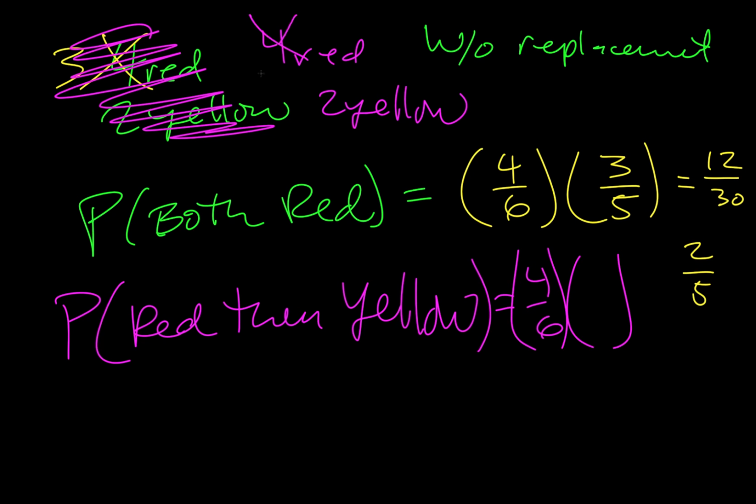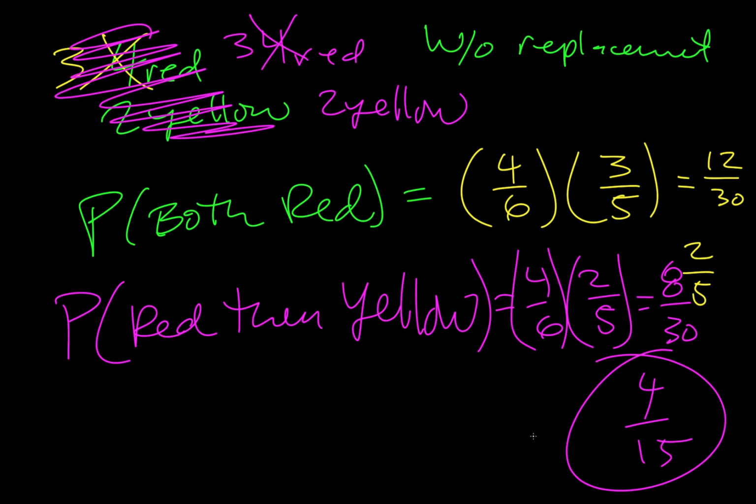Then we don't have a red, but now we want a yellow, so there's 2 chances out of 5 to get the yellow. Multiply those together, we get 8 over 30, and if we reduce that, we get 4 out of 15.